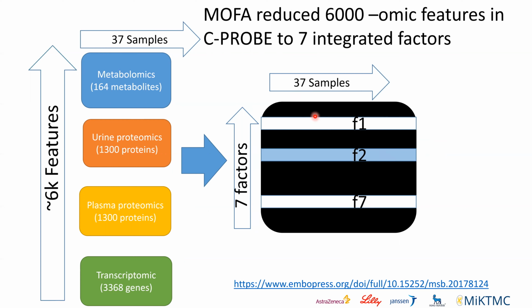These 7 factors are computed from linear combinations of the 4 omics data types. Now the most important question is which of these factors capture the disease progression.